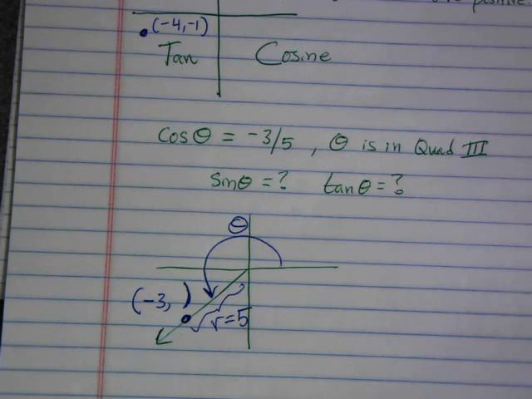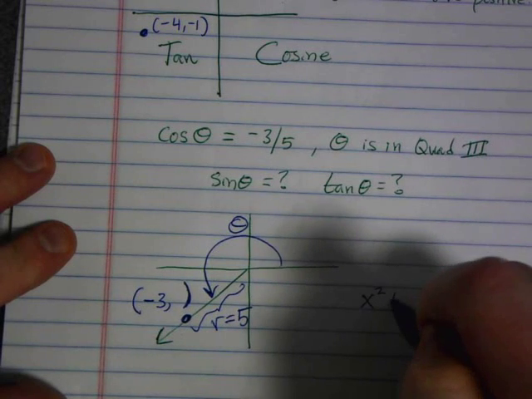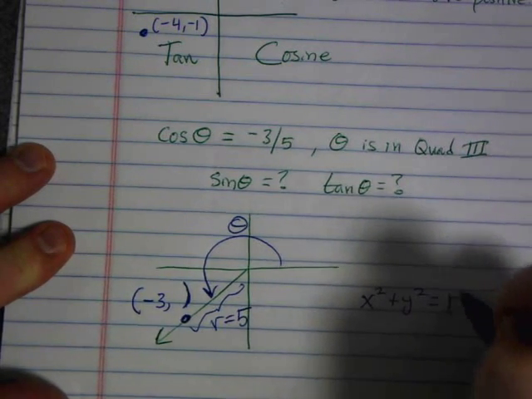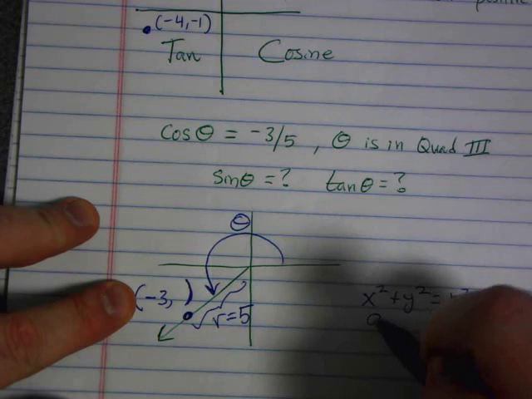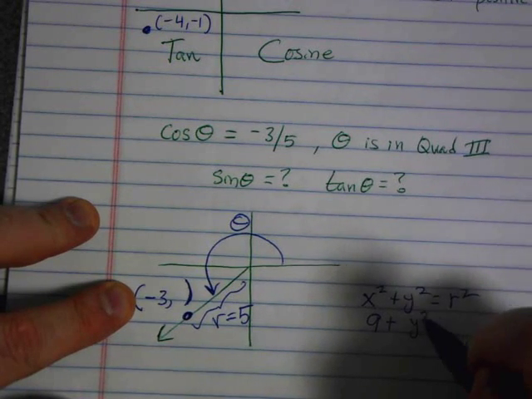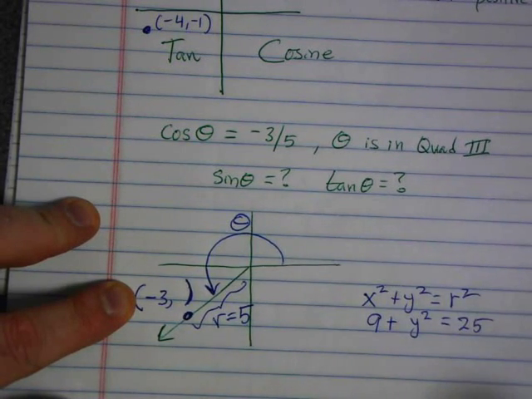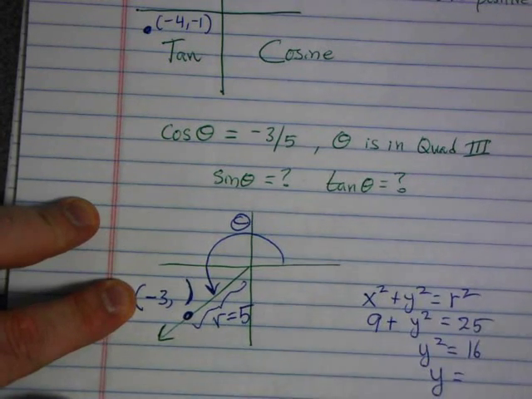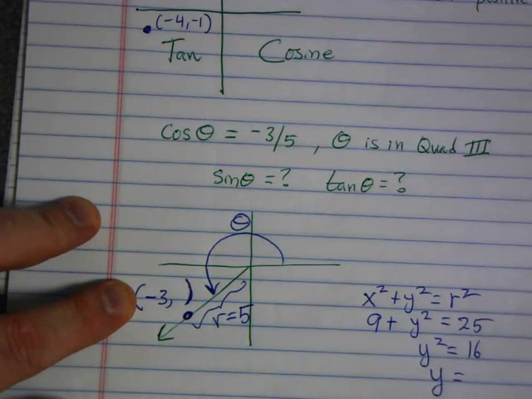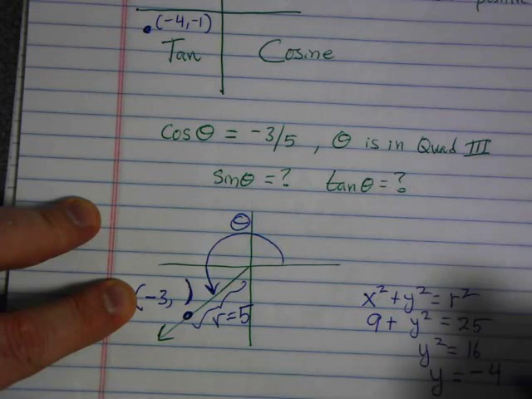Okay, how am I going to find the y value now? I'm going to use the Pythagorean theorem. x squared plus y squared is r squared. It's the form of the Pythagorean theorem we use. So I'm going to have (-3) squared is 9, plus y squared is 25. So y squared is 16, which means y is not 4, it's -4.